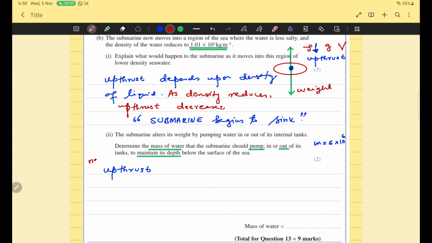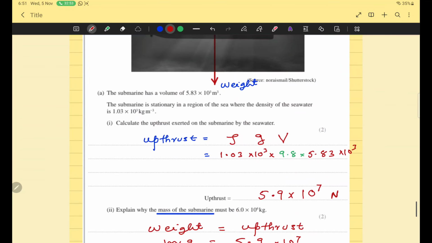To calculate reduced upthrust, I am using new density. So the new density, it will be reduced density. Reduced density is 1.01 × 10^3, gravity 9.8, volume of the submarine, which was given in the first line of the question.